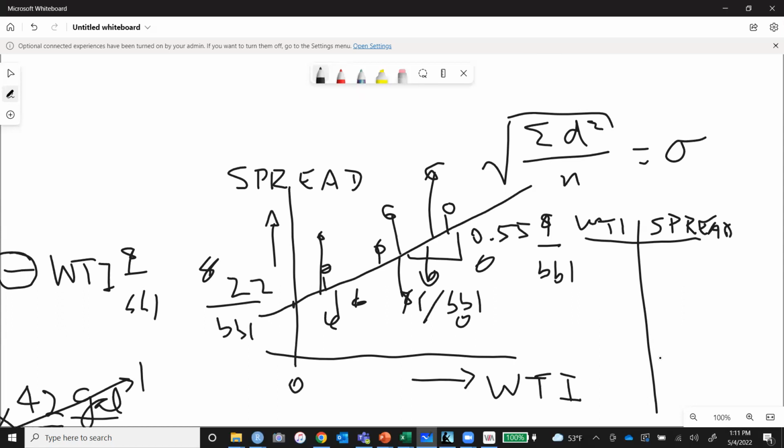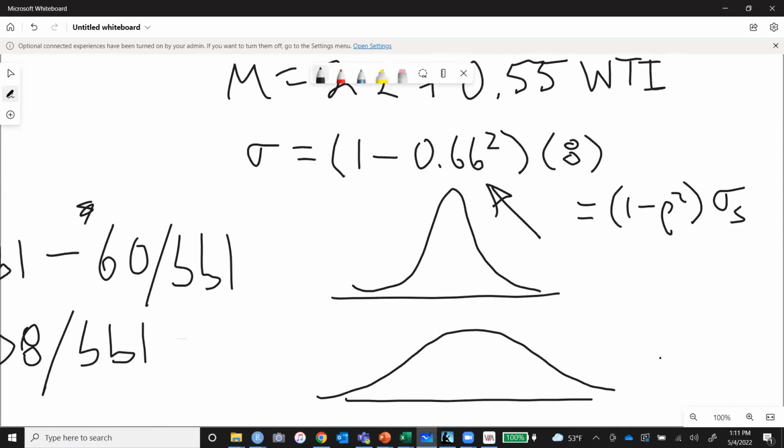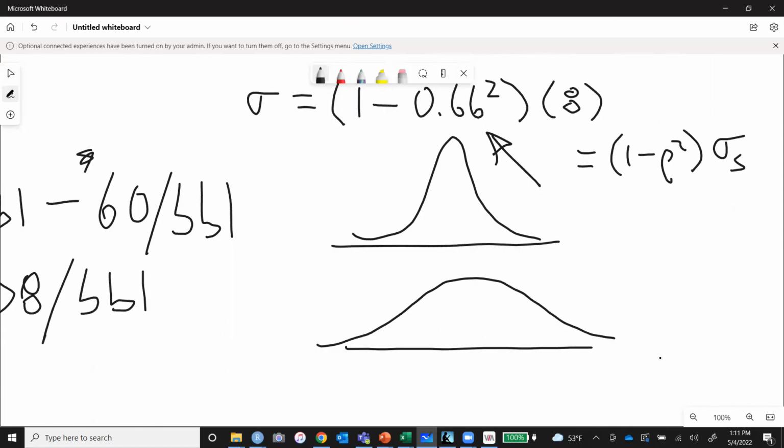And that's what we came up with down here. We have the mean and we have a standard deviation. So we actually have the model right here. That's input into this model.